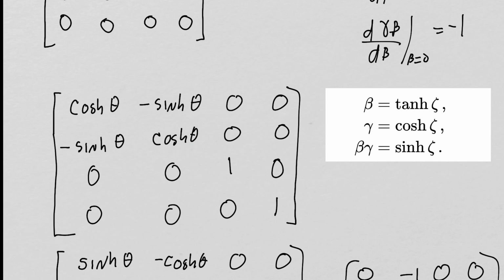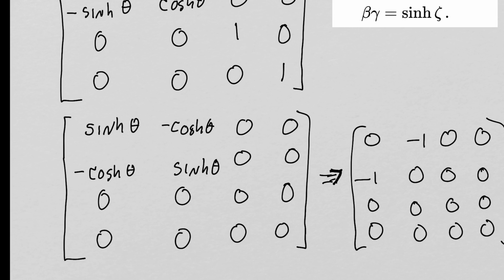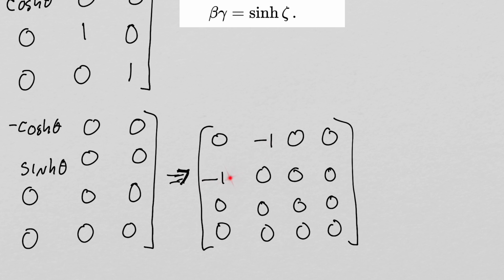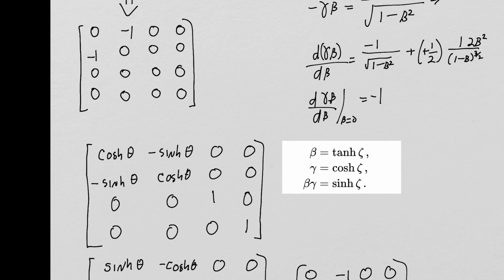It's like, why are my signs working out? But the derivative of cosine is minus sine, but the derivative of hyperbolic cosine is just hyperbolic sine. Anyway, you take those derivatives and you end up with this, and then you evaluate it at theta equals 0, and you end up with this, which is the same thing that we ended up with here, right?